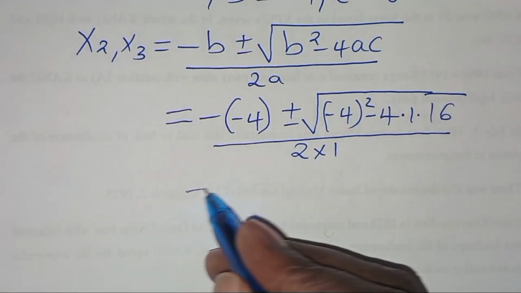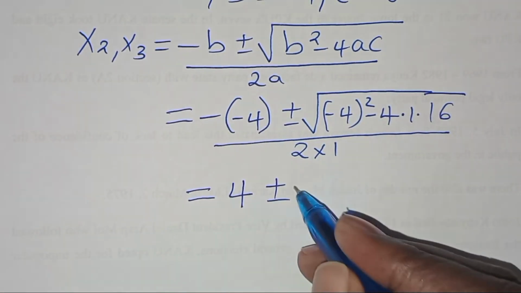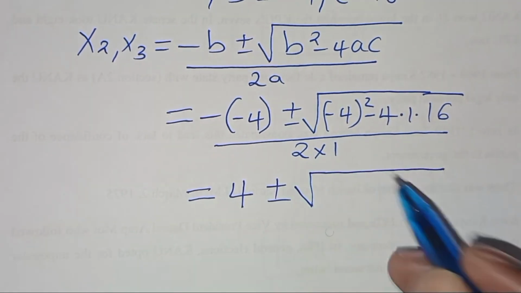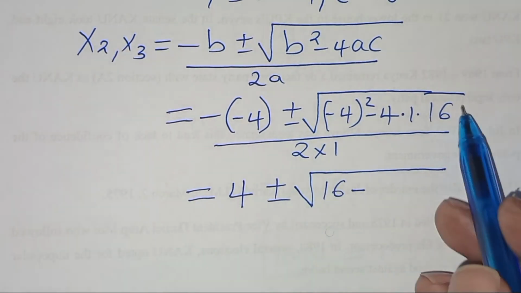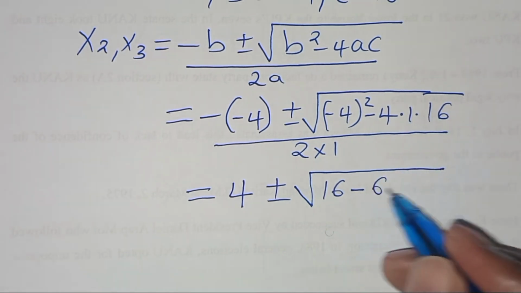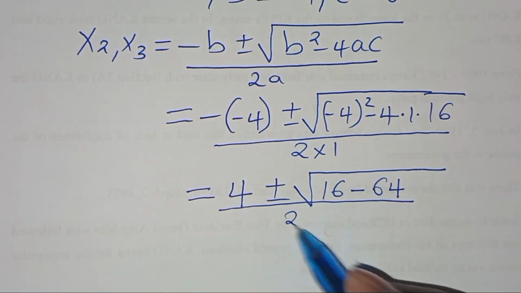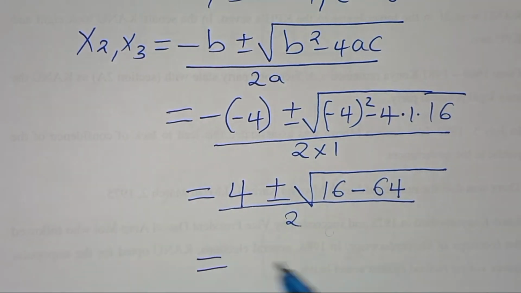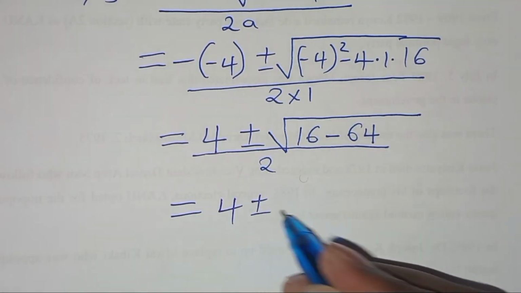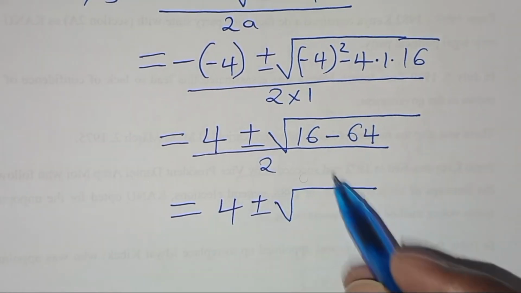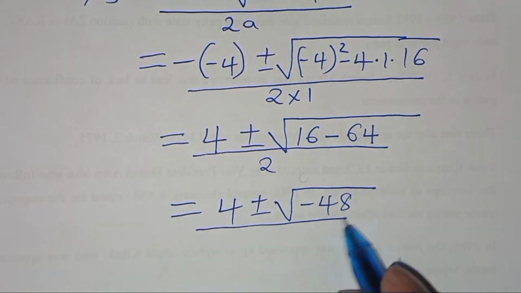So here we'll have minus times minus 4, this is 4, plus or minus the square root of negative 4 squared, this is actually equal to 16, subtract 16 times 4, this is essentially equal to 64, then divided by 2. Now the next step here, we'll have 4 plus or minus the square root of 16 minus 64, this is minus 48, divided by 2.